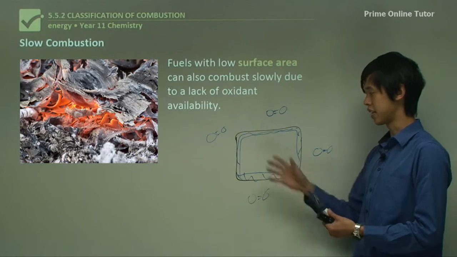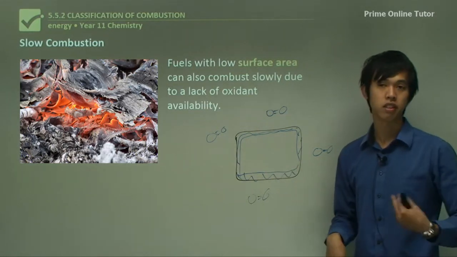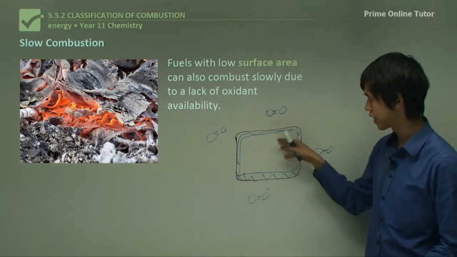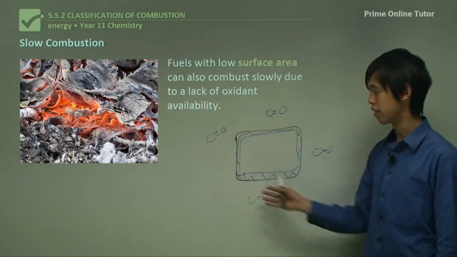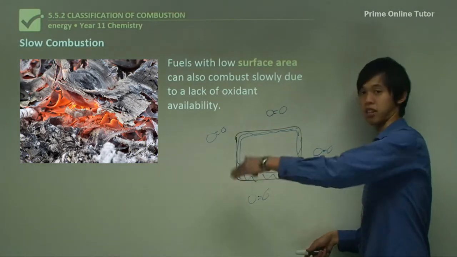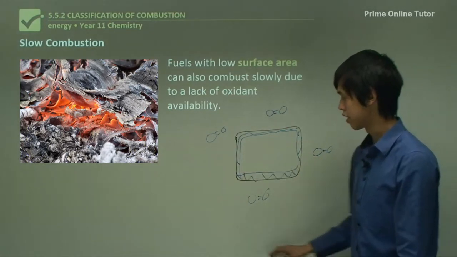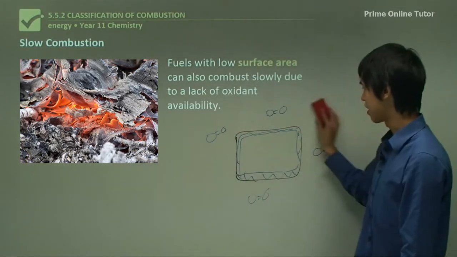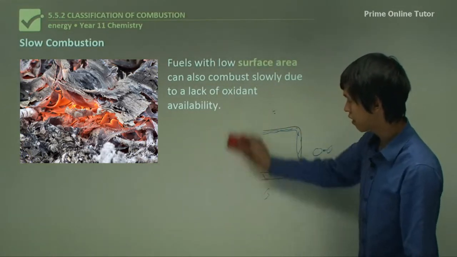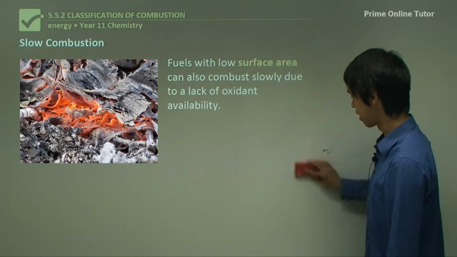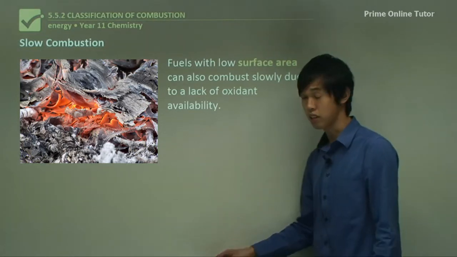They can't get into the middle bit, so the reaction rate is slower because they don't have access to all of the molecules in the fuel. They only have access to the outer surface. So if you have low mobility fuel or fuel with very low surface area, you get very slow combustion.